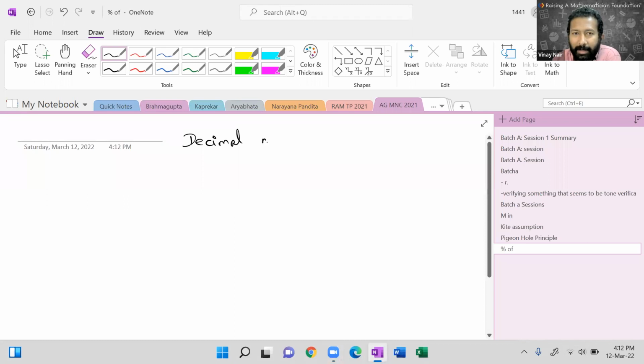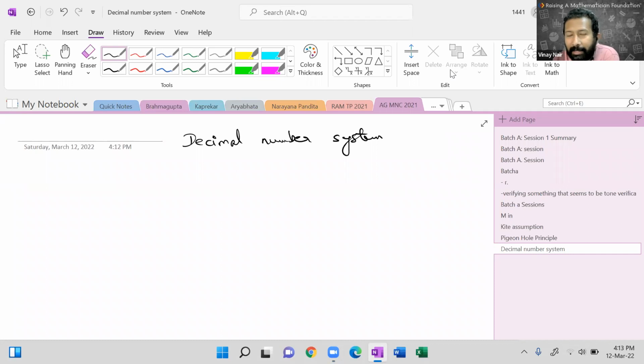So when we say decimal number system, can somebody raise a hand and tell me what exactly do we mean by decimal number system? Just raise a hand, I'll call out names. What exactly do we mean by decimal number system? All right, Mrudula, keep your hand raised. Anushka first and then Mrudula.